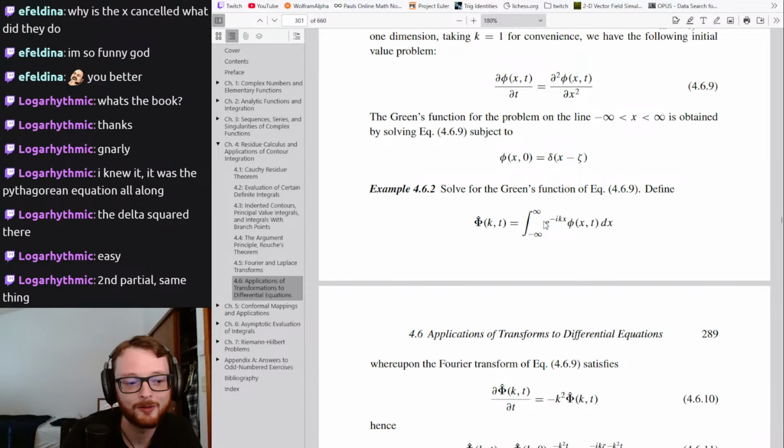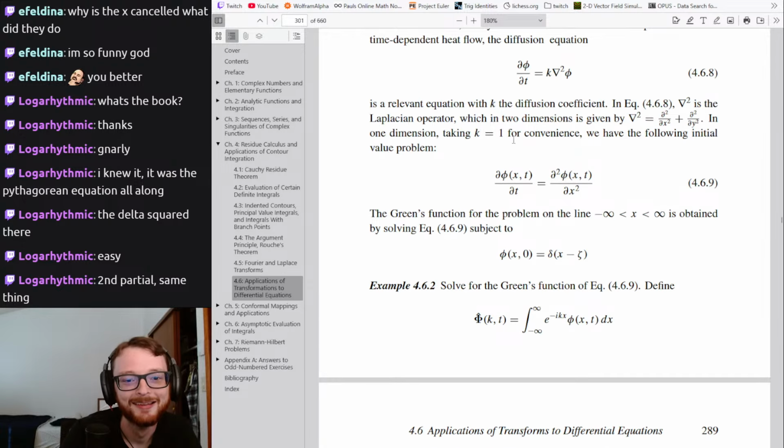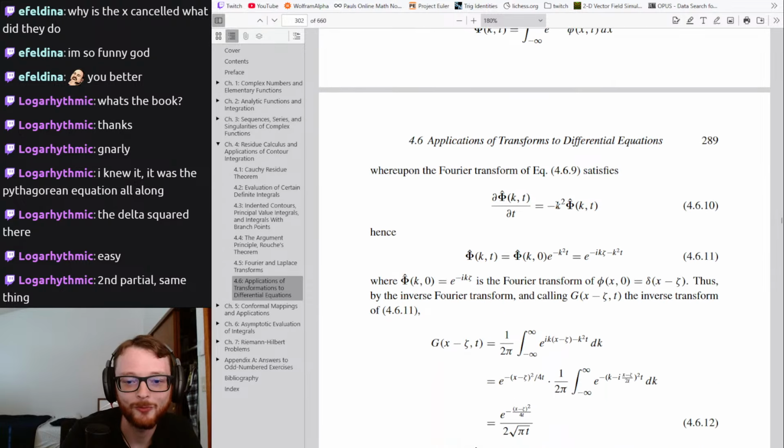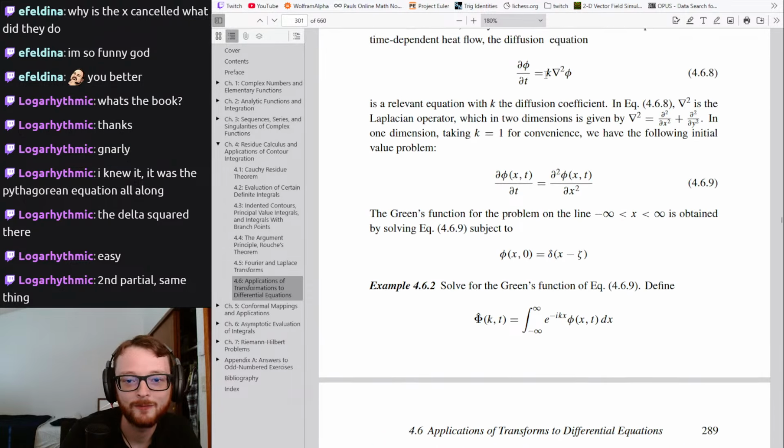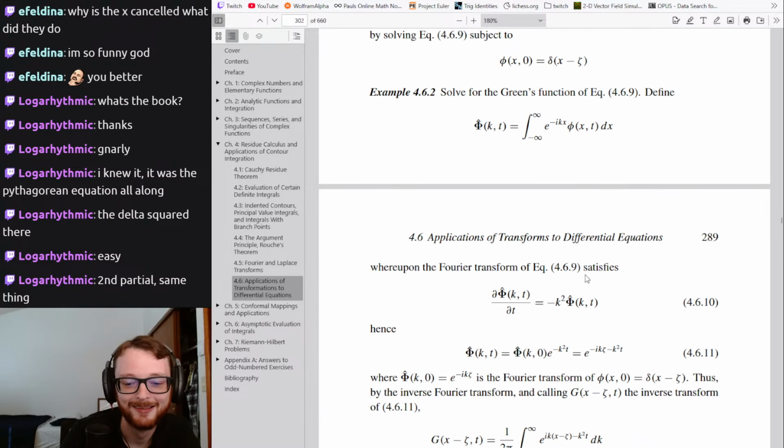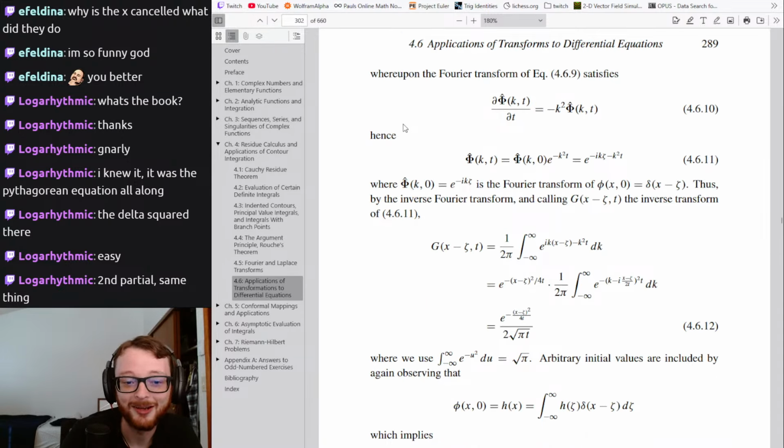Oh, that's confusing. Okay, I know it's the convention to use k as the constant here, but they've also been using k as a variable for the Fourier transform. So this k is completely different than this k.